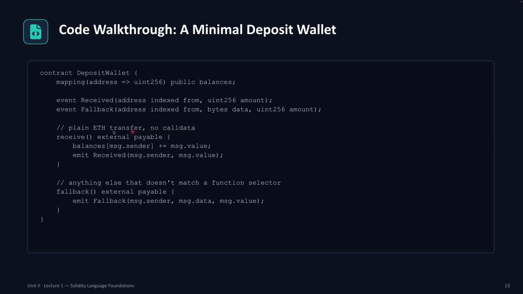When you send Ether to your deposit wallet contract, the receive function will be executed. Anything else that doesn't match a function selector, in that case, the fallback function will be executed. So, for plain Ether transfers, the receive function will be executed, and for anything else that doesn't match a function selector, the fallback function will be executed.